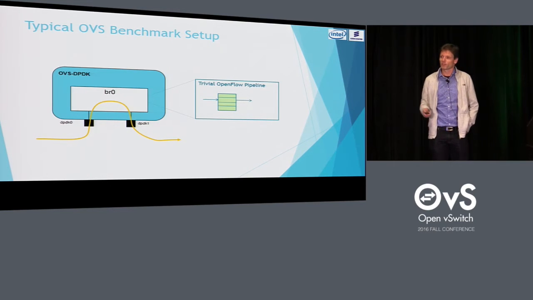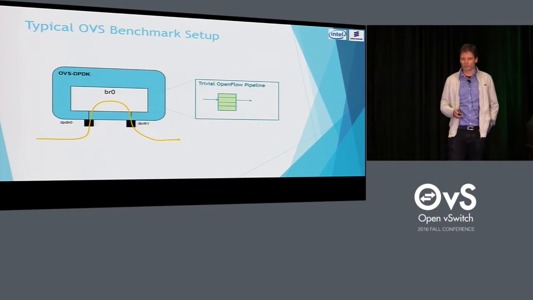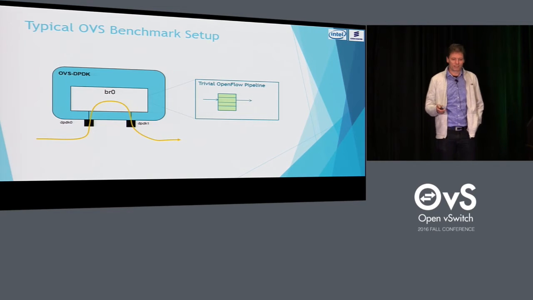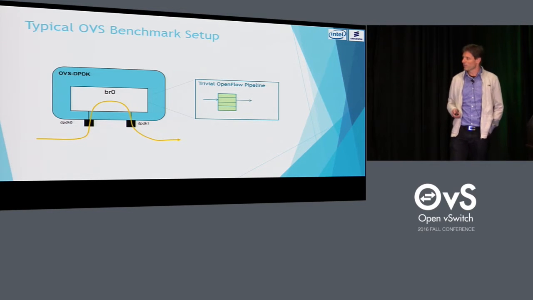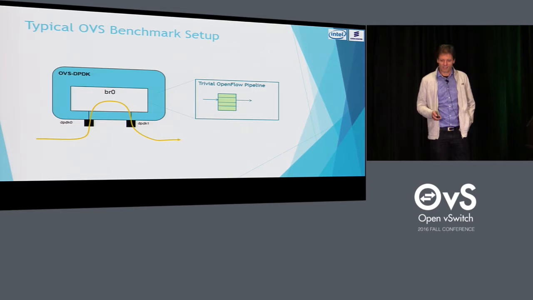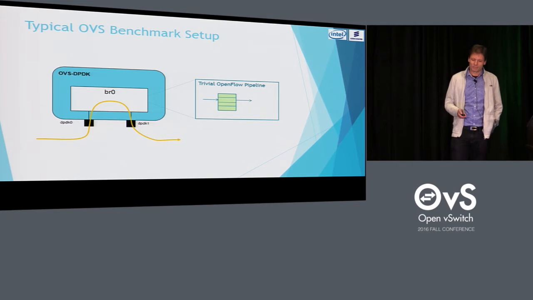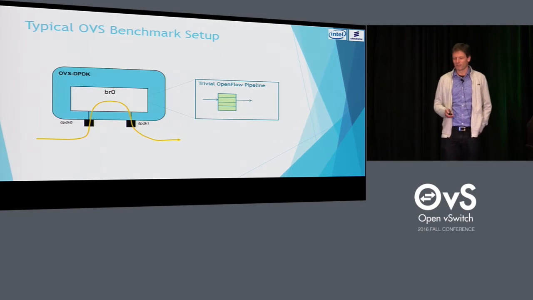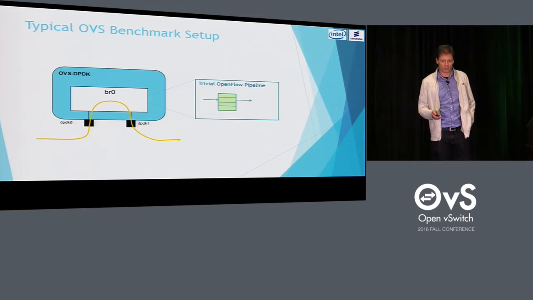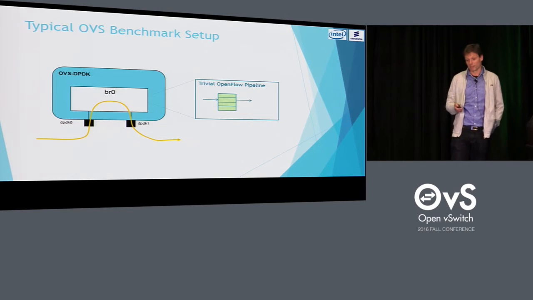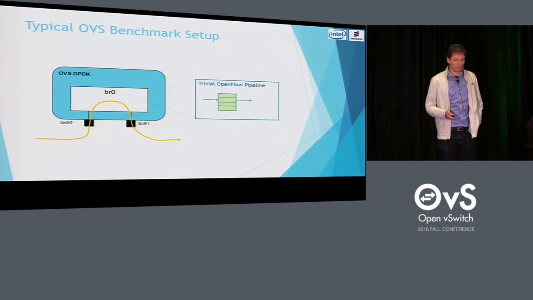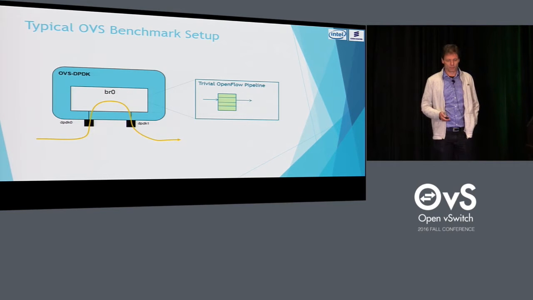And that's very nice because it gives you nice and flashy performance figures like 10 gig line rate with 64-byte packets and a single core. Good for marketing, but unfortunately not very helpful for answering the question how good is OvS-DPDK or any other vSwitch when handling real NFV workloads.